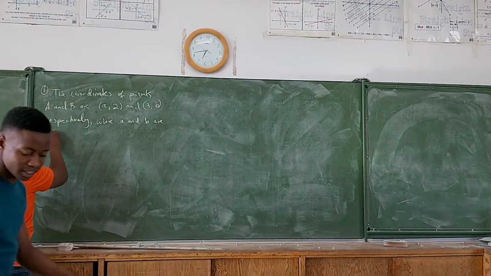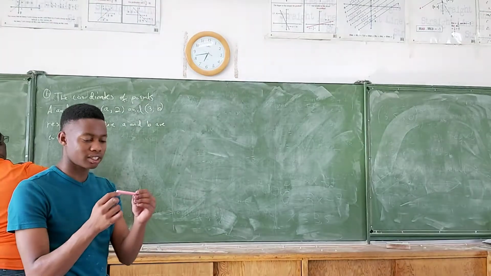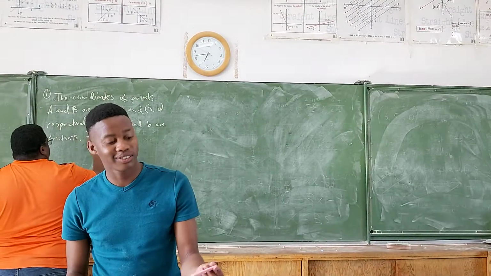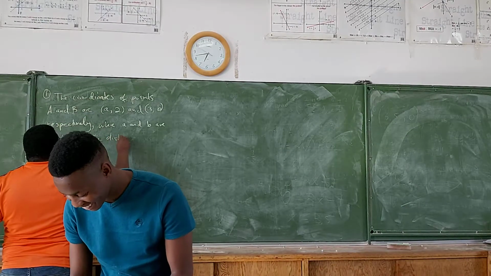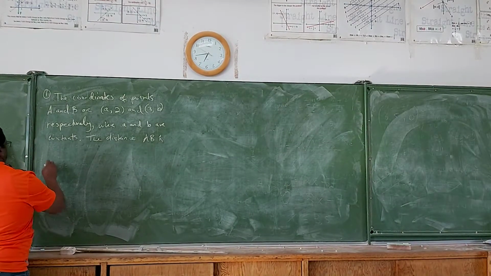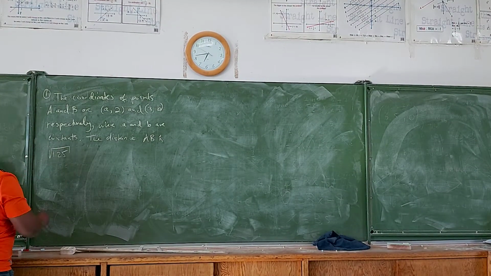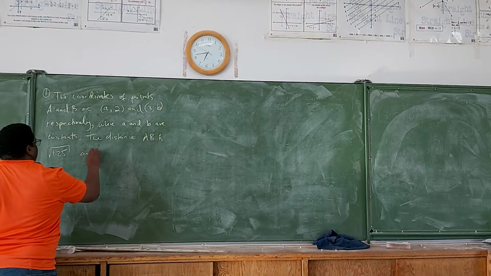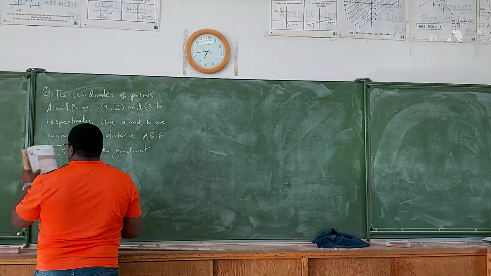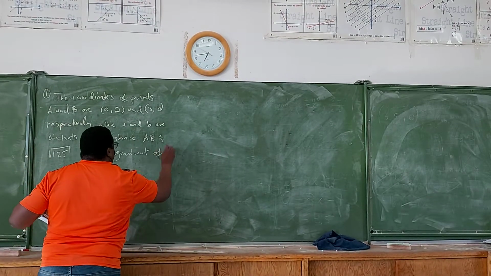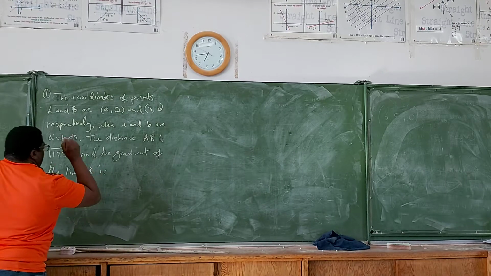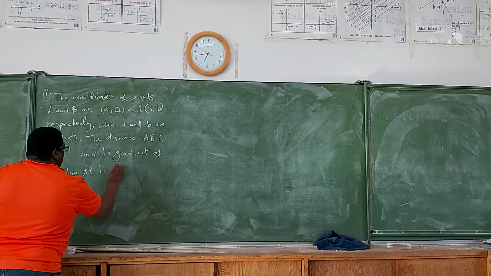What gives you that it's empty? Where A and B are constants, the distance AB is root 125, and the gradient of the line is 2.